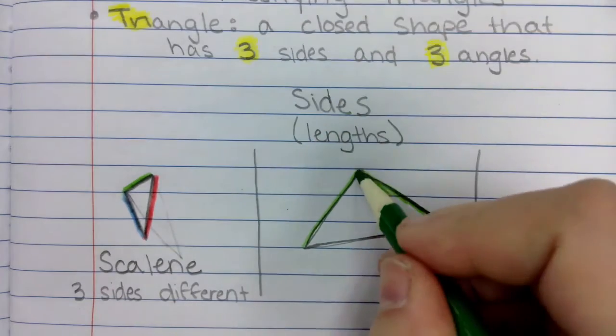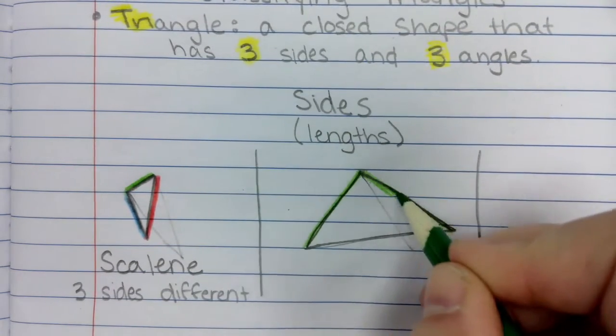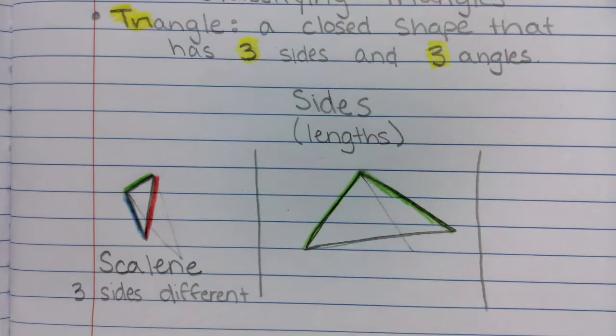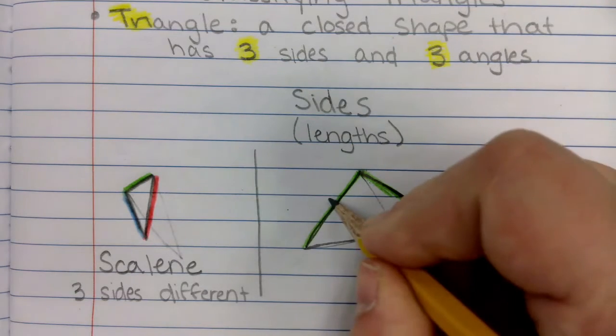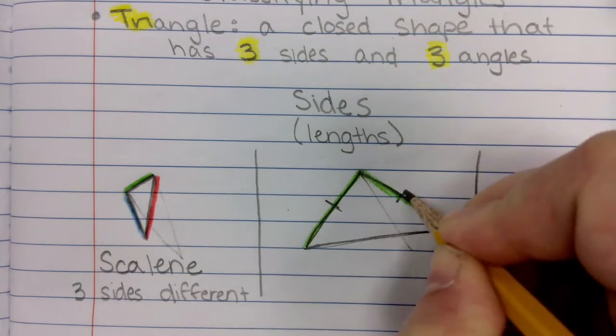How can I show that those are the same? They're congruent, they're equal, so how do we show that 2 segments are congruent? Yeah, the little line. Tick marks, yep. Make sure it's the two you color the same color.